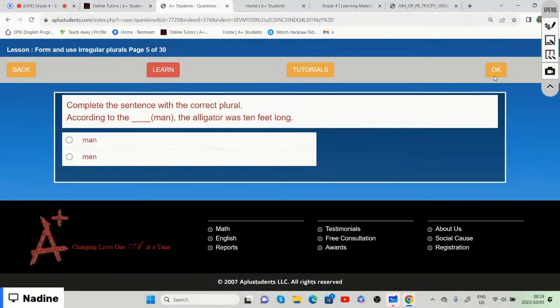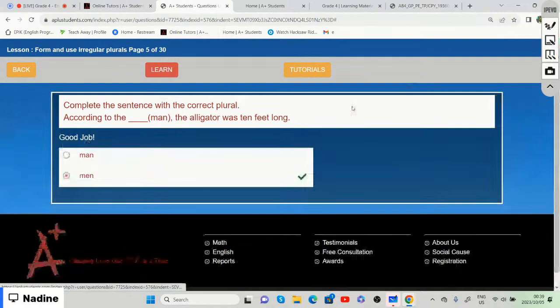So, one man says that the alligator was 10 feet long, but now we refer to it being more than one, right? Plural. So, if we make mention of the plural, and then we can say the plural is men, and men is correct. So well done. Good job. Men is the plural form.